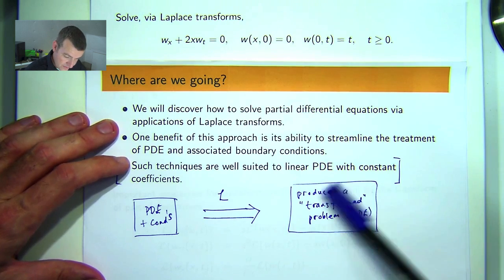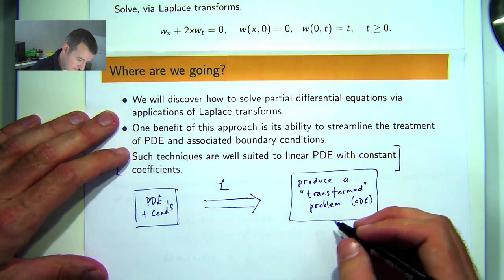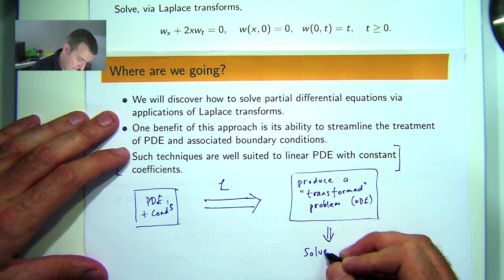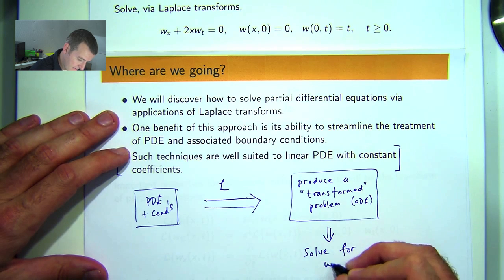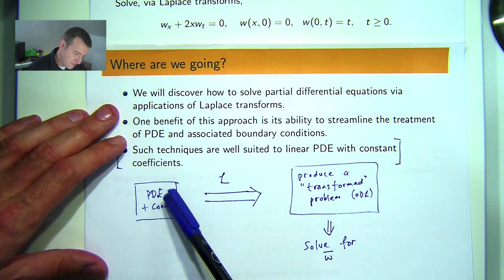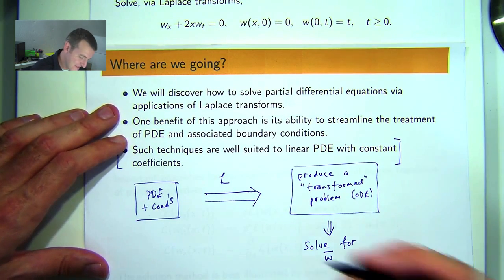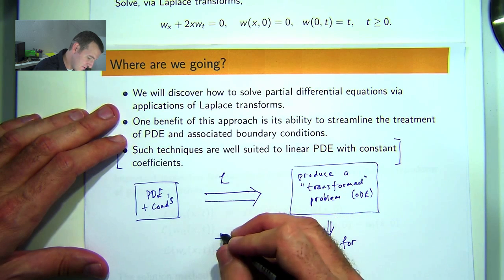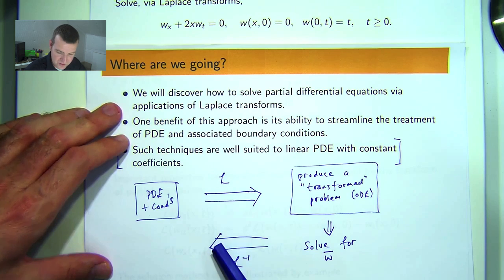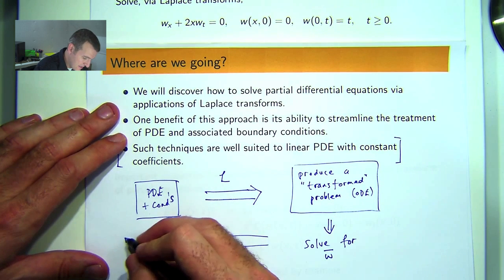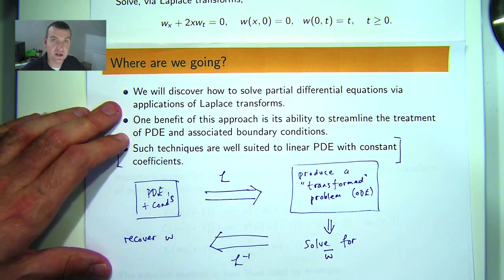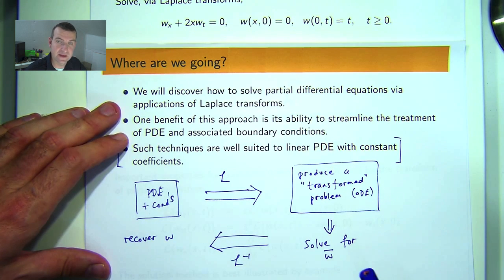Then what you do is you solve this transform problem where this W bar represents the transform of the solution W to the original problem. And then what you do is you transform everything back to recover the solution to the original problem. Okay?